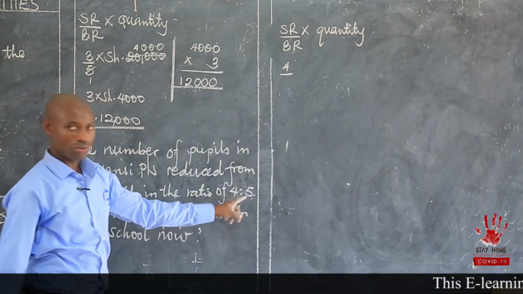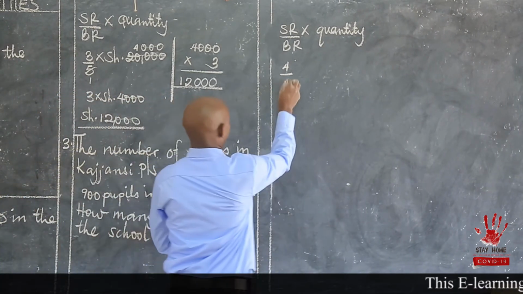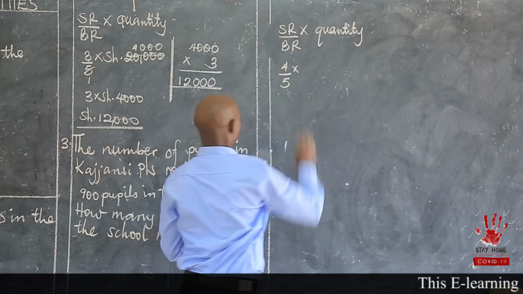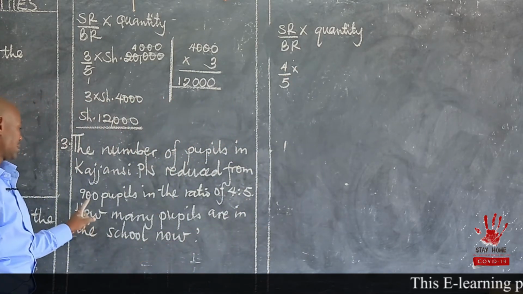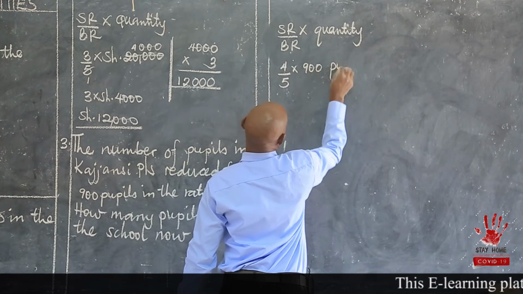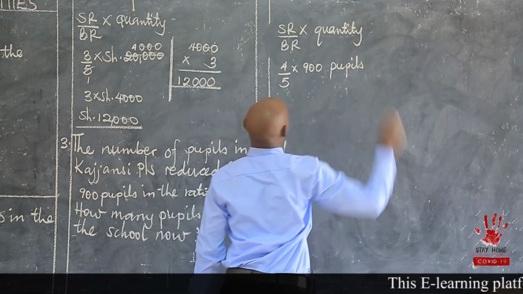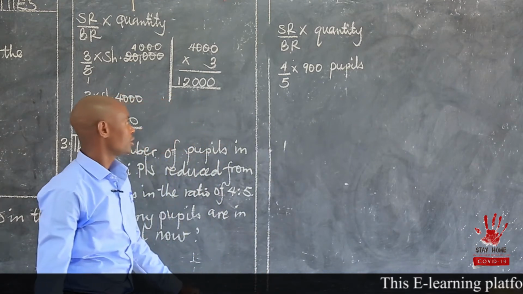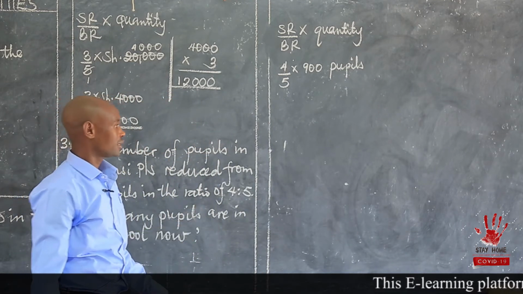The bigger ratio, which is 5. Then we multiply by the quantity, 900 pupils. Reduce. Okay?